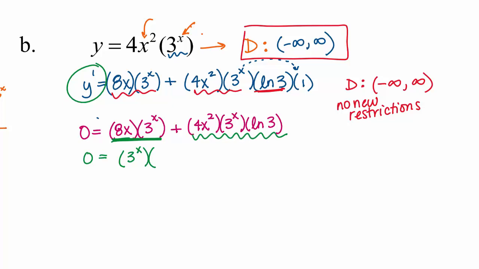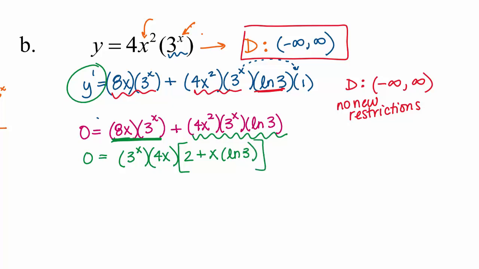So I could see easily they both had a 3 to the x. And then also they both have 4x. And I'll just factor that out of each term. So that would leave me with just a 2 in the first term. And there'd be an x that's already factored out and natural log of 3.